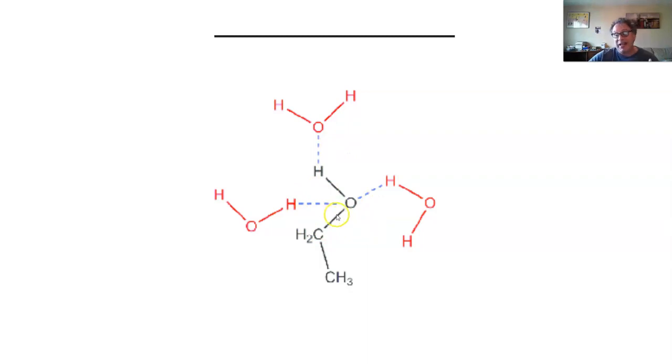So it doesn't upset, right, pure water, which is why it can mix with water in all proportions, right? This is basically aqueous ethanol that you see here with its hydrogen bonding interactions between water or between itself.